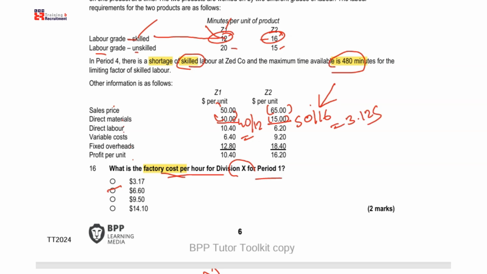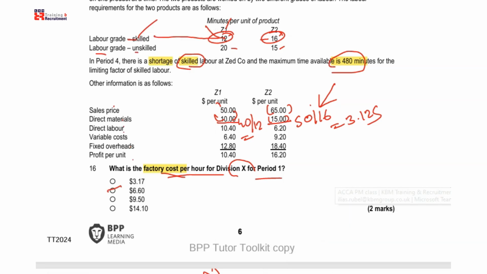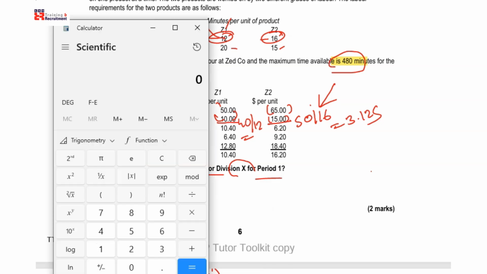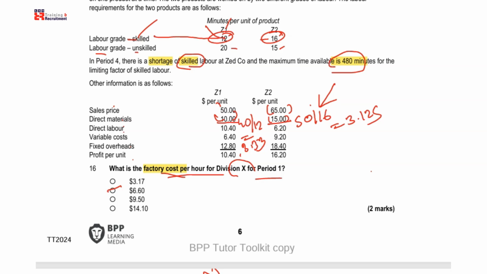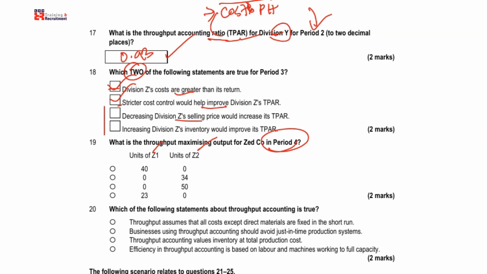And 40 divided by 12 is 3.33. Anyway, this gives you a higher contribution per limiting factor. So you're going to produce as much as possible of Z1. We have the demand of 40, so we'll produce all of it and none of Z2.